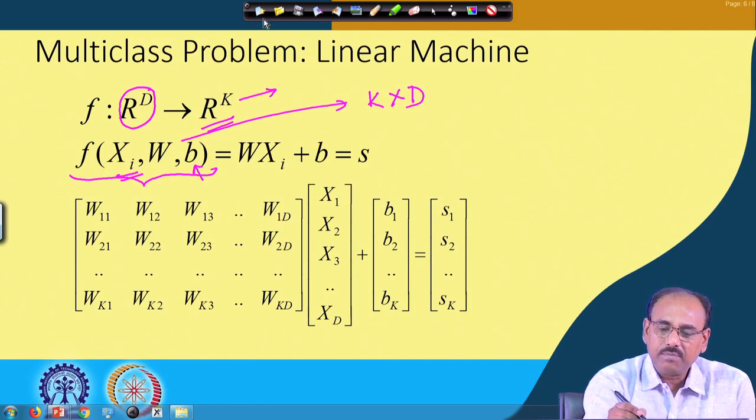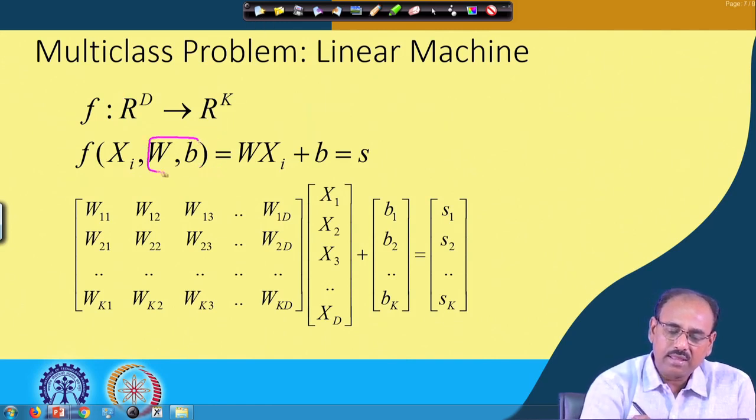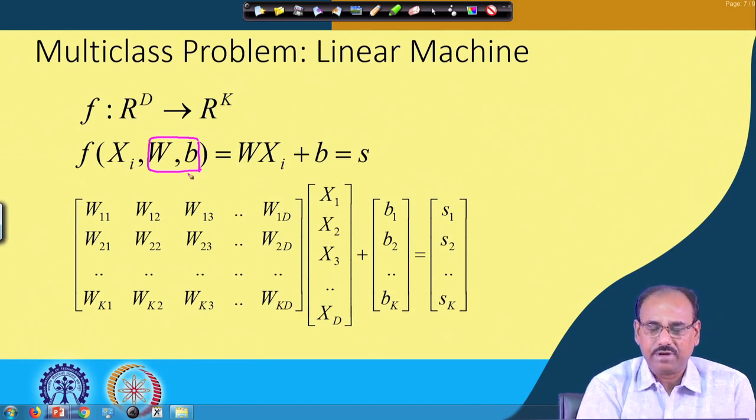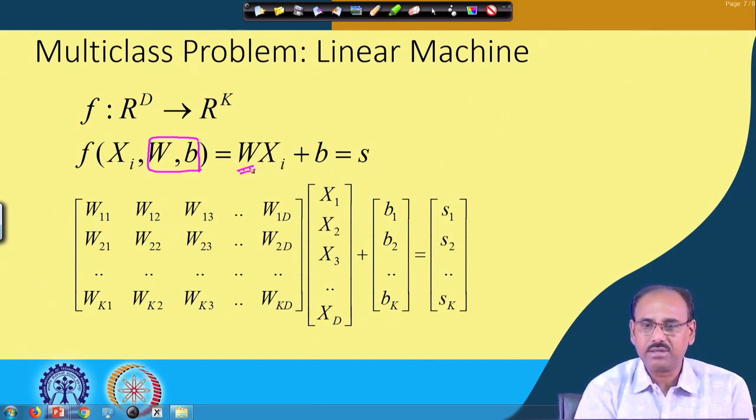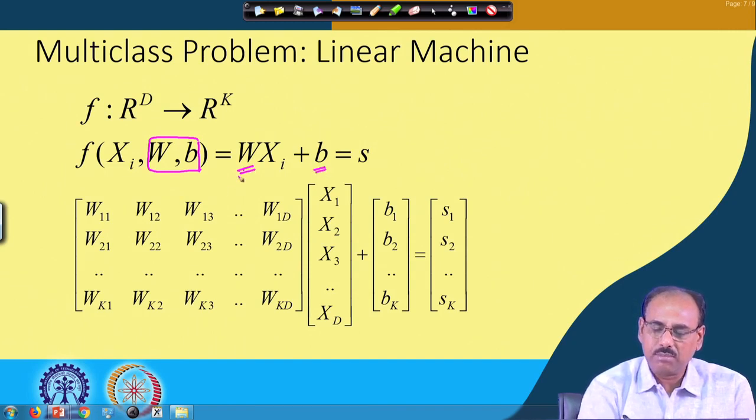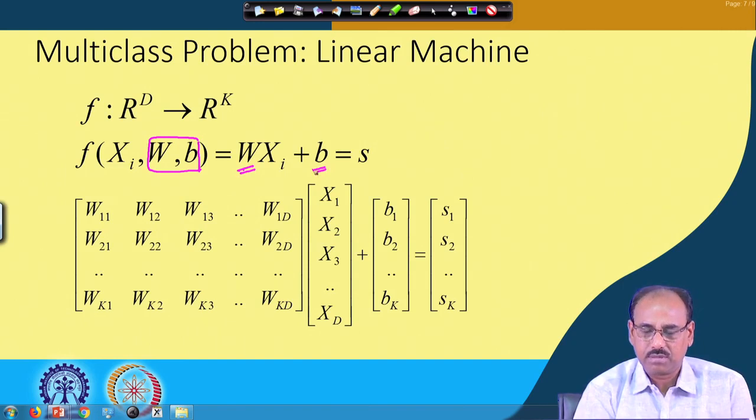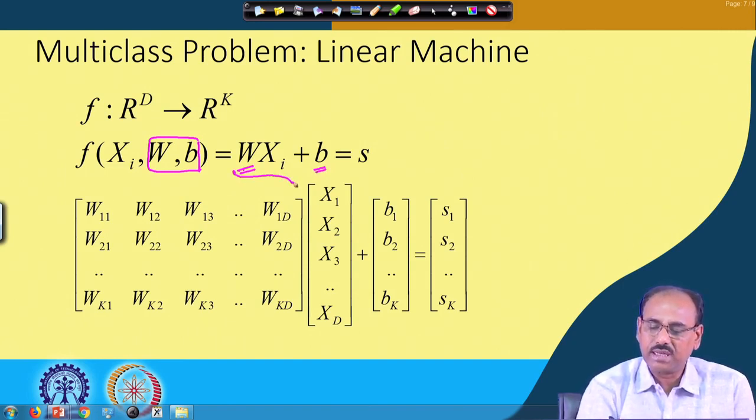This W and b are the parameters of the linear machine; they define the linear machine. This functional form f(x_i, W, b) is nothing but W x_i plus b, where W, as I said, is a parameter matrix or weight matrix, and b is the bias vector. W and b taken together are the parameters of the linear machine, and the operation W x_i plus b gives me a column vector of dimension k, S, which is my score function.